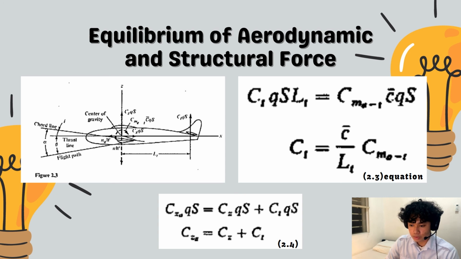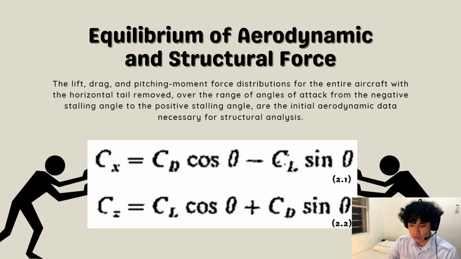The force components are C sub x qS and C sub z qS along this axis, where q equals rho V squared over 2 is the dynamic pressure and S is the wing surface area. The non-dimensional force coefficients C sub z and C sub x are calculated using the following equation to project the lift and drag coefficient for the airplane without a horizontal tail along the reference axis.